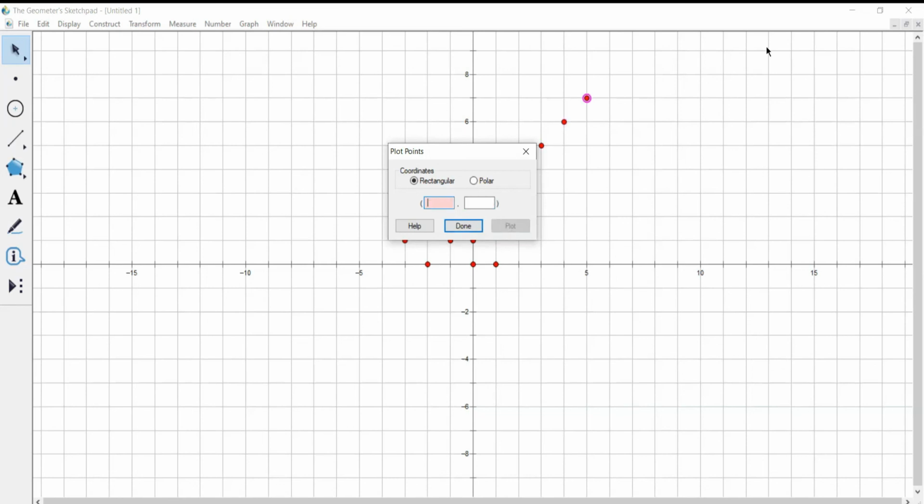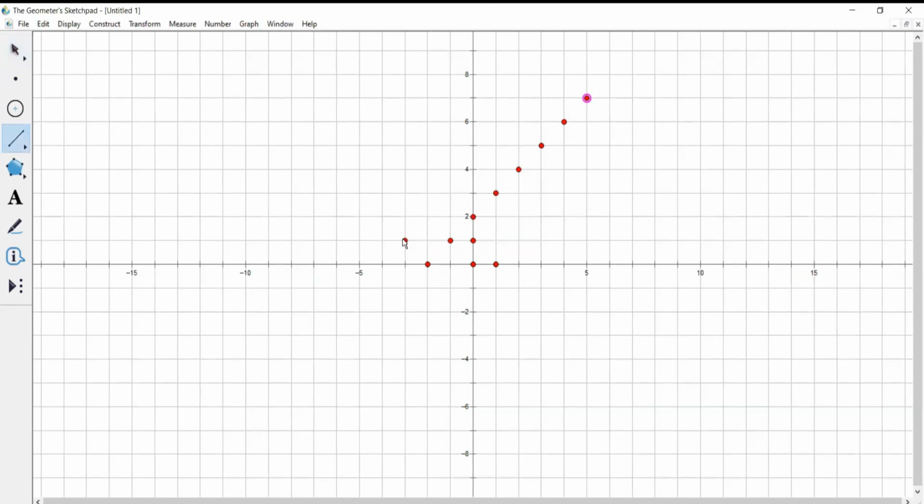All right, so that's it. Those are the points that we have. Since these are the points that we have, this is now f of x being the modulus of x plus 2. So we're just gonna label it that way.